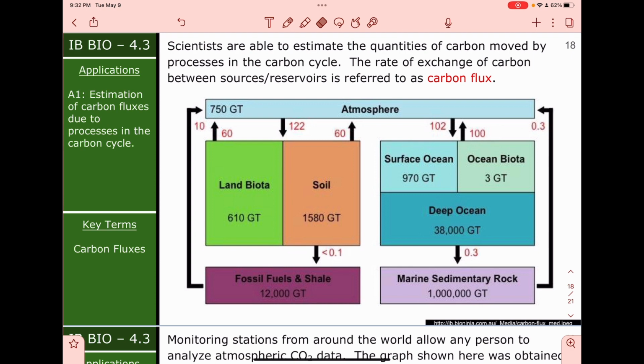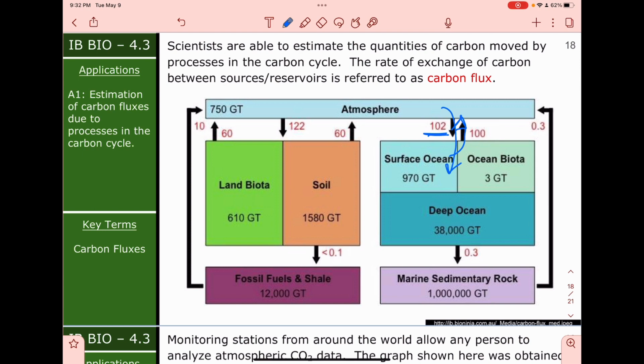And so here you look at the ocean surface and you're seeing what is being released carbon-wise from the ocean surface and what is being taken into the atmosphere. And if you look here, you see 102 gigatons are going from the atmosphere to the surface of the ocean. But you see 100 gigatons are leaving the surface of the ocean and going into the atmosphere.